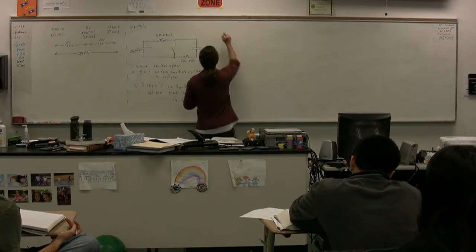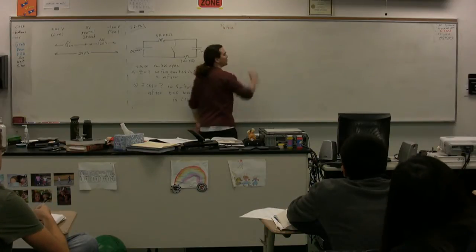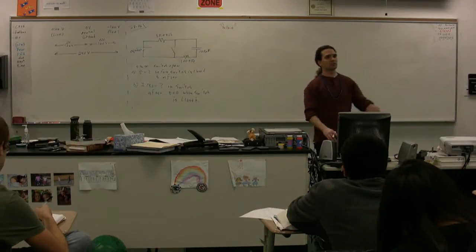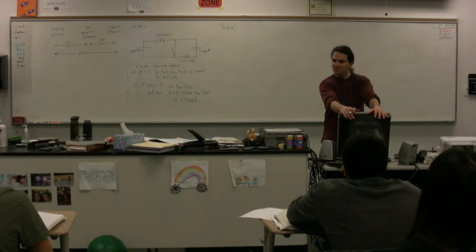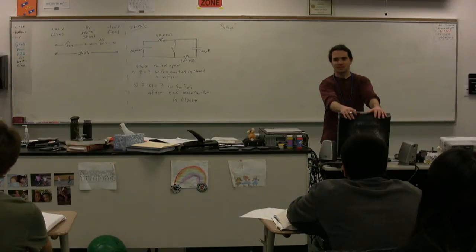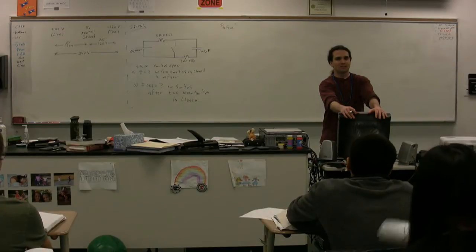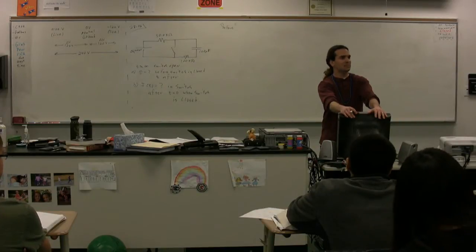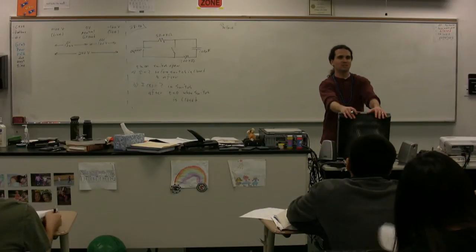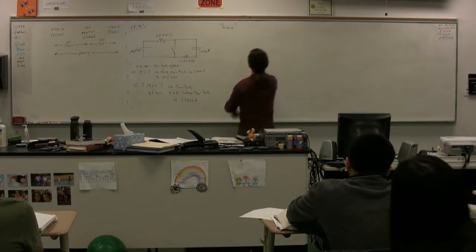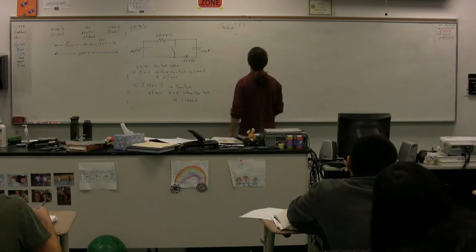First off, the time constant before. The time constant of an RC circuit has dimensions of? Seconds. What is the equation for the time constant of an RC circuit? R times C. We know the capacitance. It's 10 microfarads.